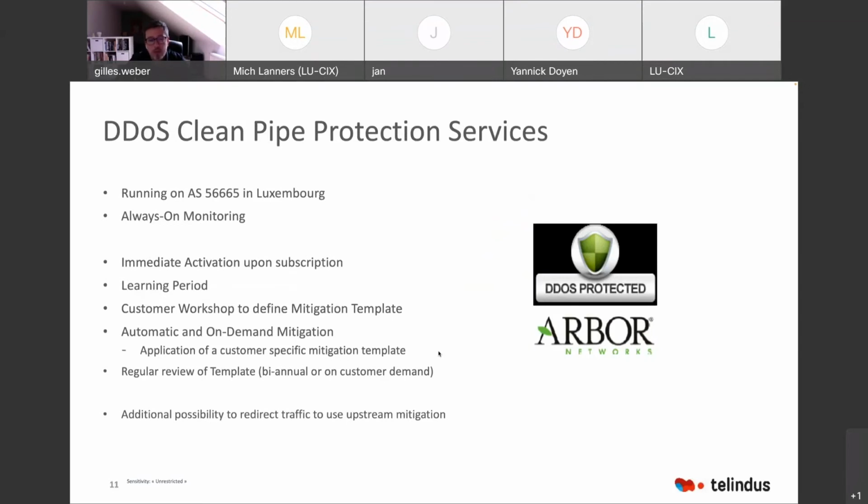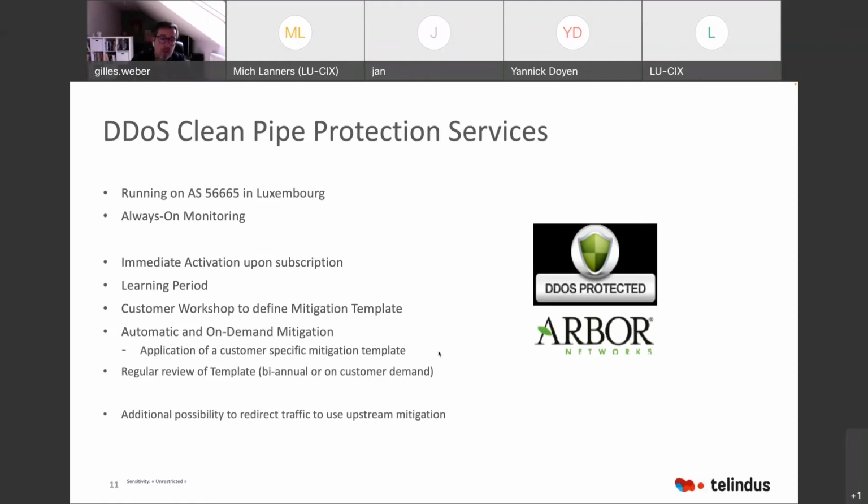If you subscribe to this service, there is immediate activation upon subscription. We let the system run during a to-be-determined period to learn your traffic patterns and what's normally going on in your infrastructure. That might be some days, might go to several weeks, to have a clear understanding of what's going on in your network.